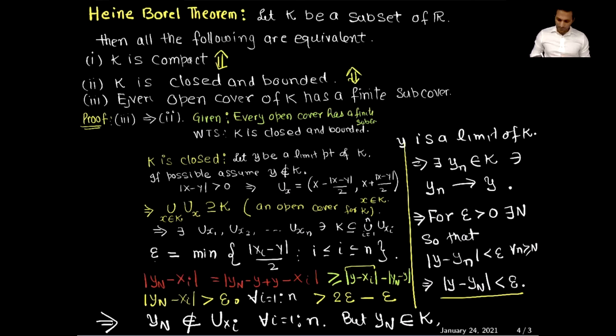So this implies this collection is not a finite subcover, which is a contradiction to the fact that we assumed every open cover has a finite subcover. We considered an open cover and we also proved that that open cover does not have a finite subcover. So this is a contradiction to the given statement. So this proves that our set K is closed.